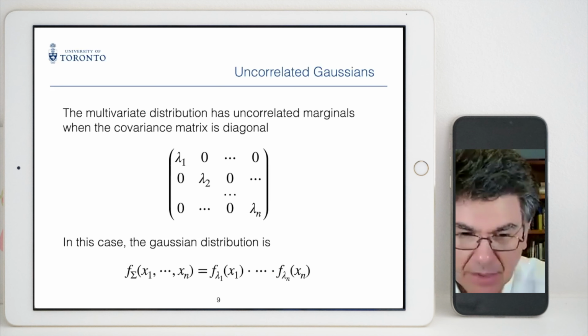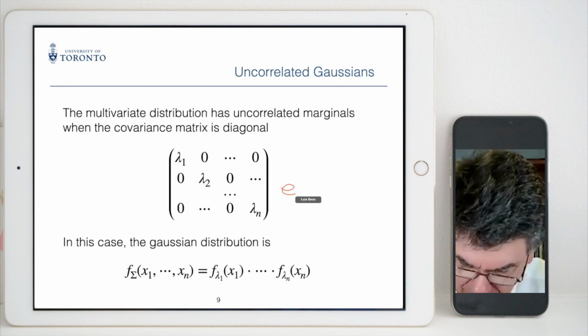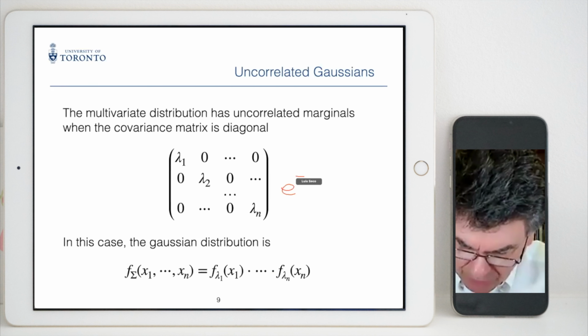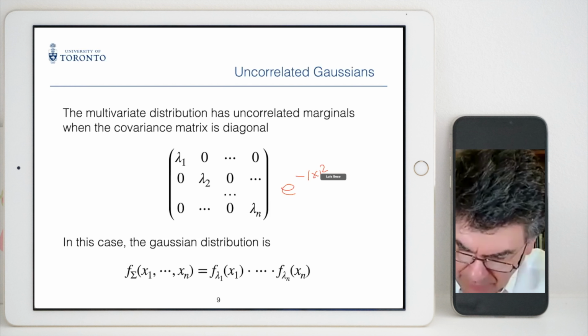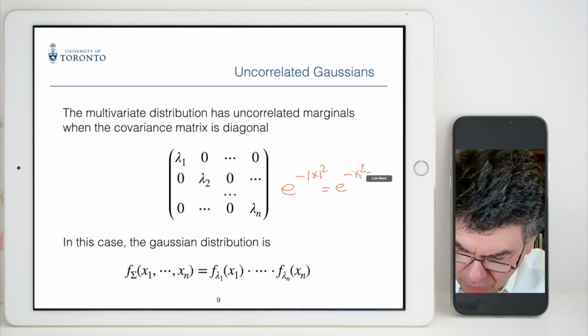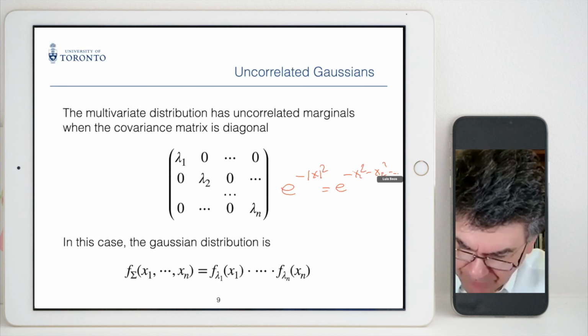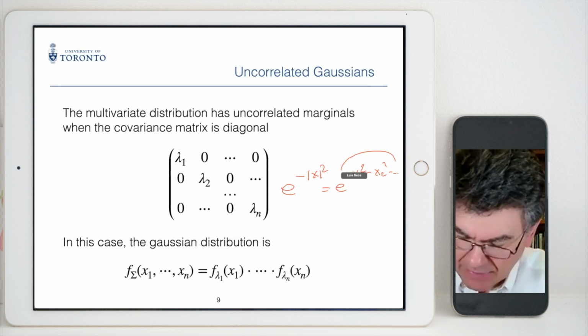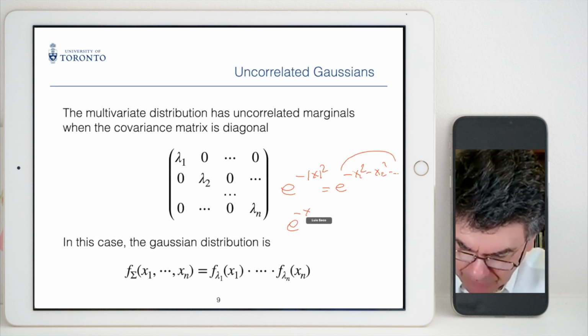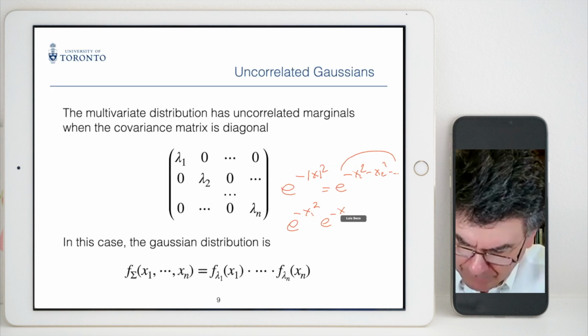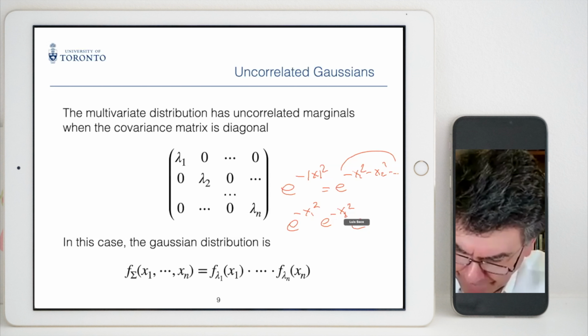This is very convenient. And the reason is that when I have e to the minus x squared, this is e to the minus x1 squared minus x2 squared. And the exponential of a sum is the product of the exponentials. That's the reason.